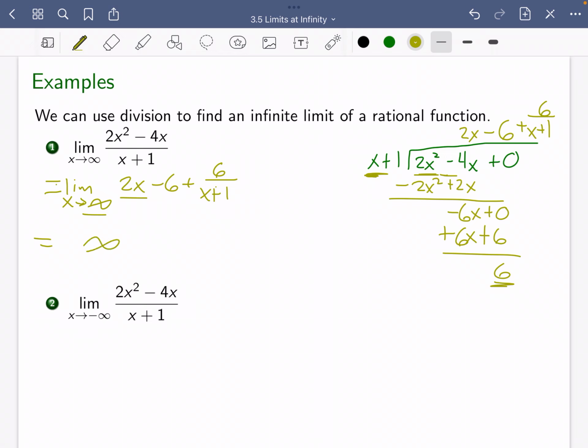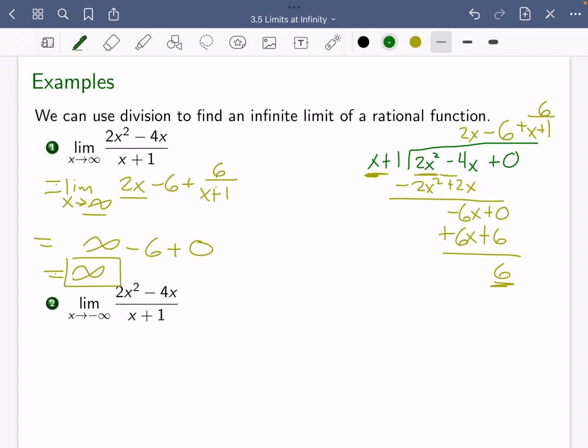The next piece is just going to stay at 6. And then this piece here, as x gets really large, 6 divided by some really large number plus 1 is going to be really close to 0. And ultimately, we just get infinity itself. So that limit is heading towards infinity.